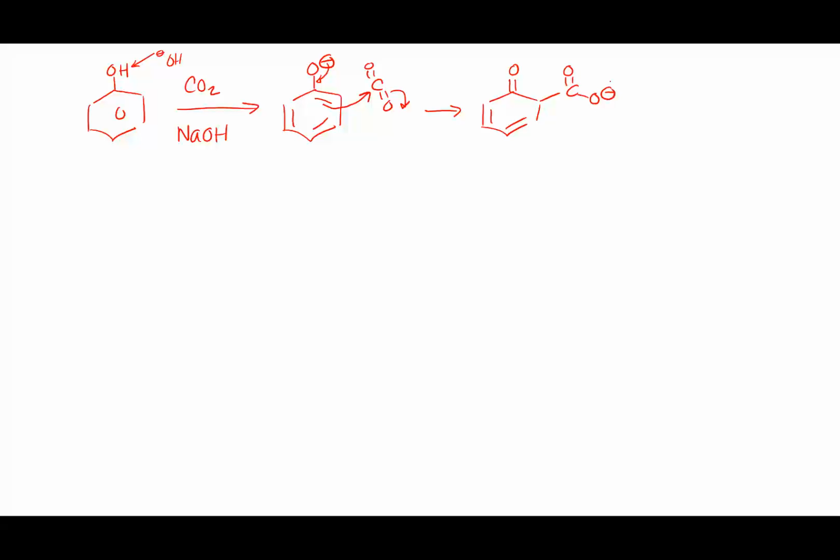So that forms the carbon-carbon bond. The issue is, I've now destroyed the aromaticity of the ring, so I need to reform the aromaticity. So I'm going to lose the H plus and then reform the phenoxide.